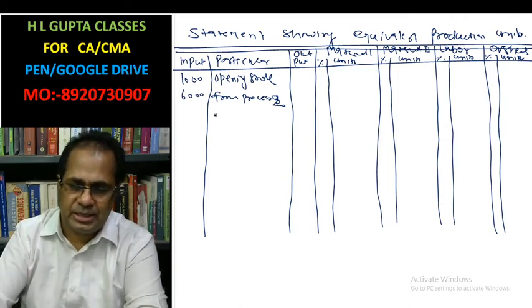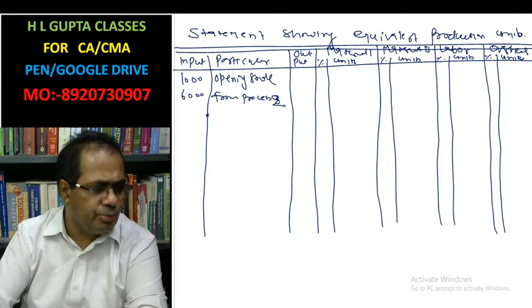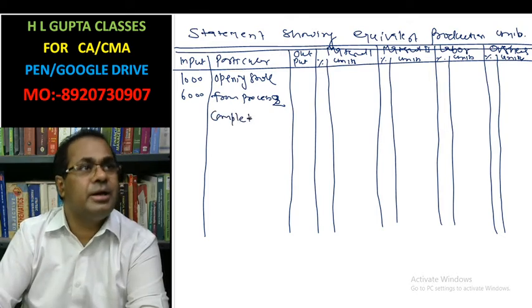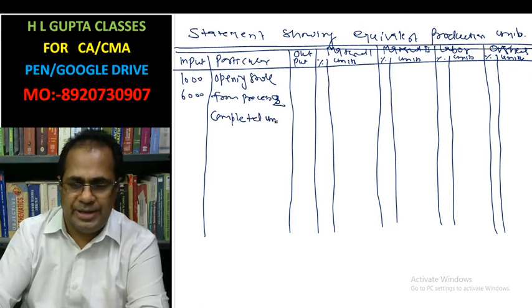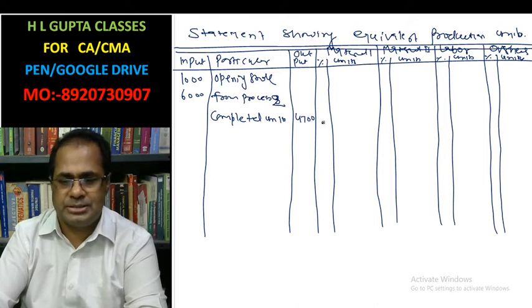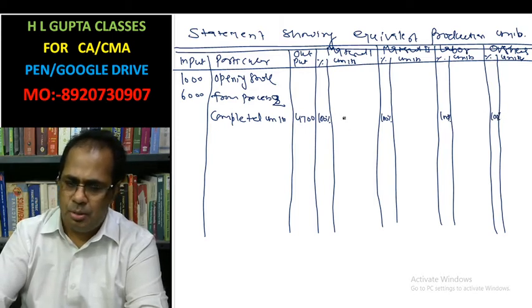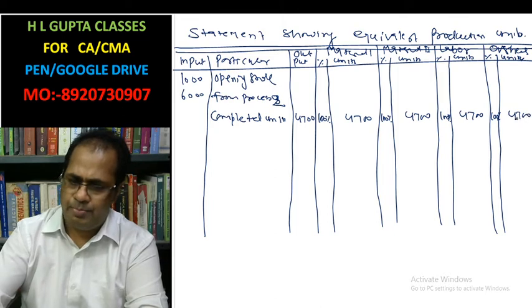In this case, completed units are 4700. In the case of completed units, it is assumed to be 100%. It is taken as 100%, that is 4700 in each column.